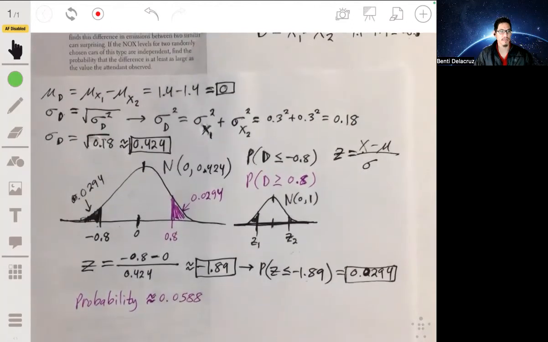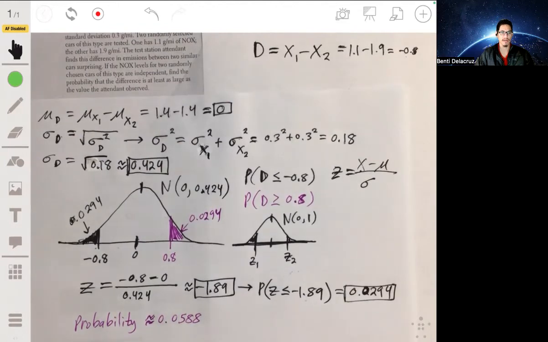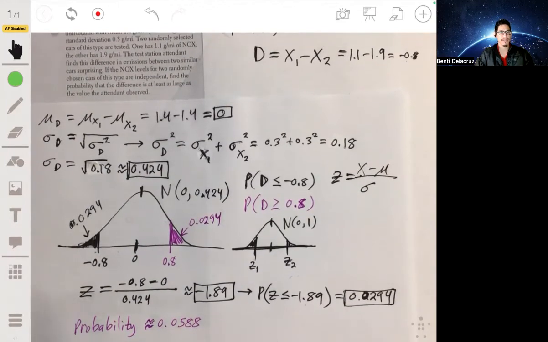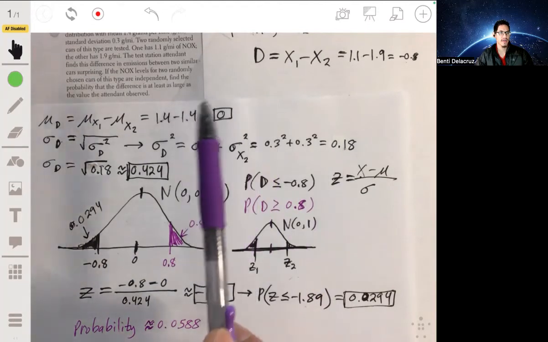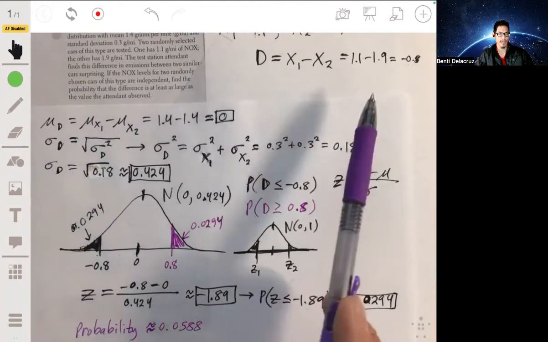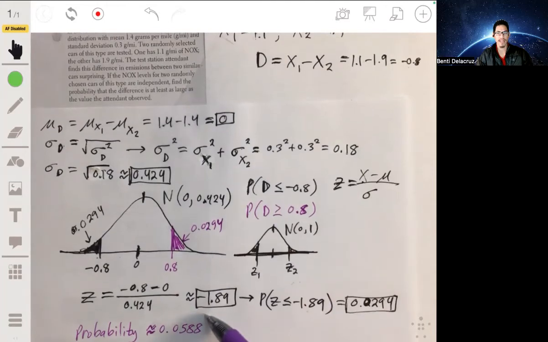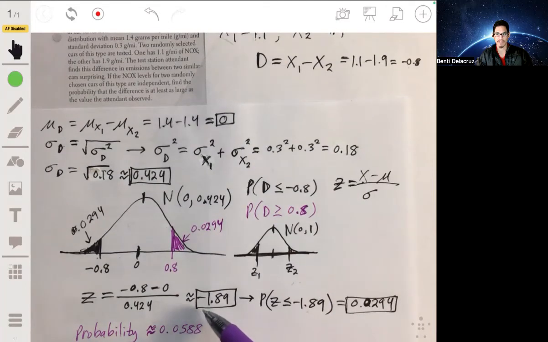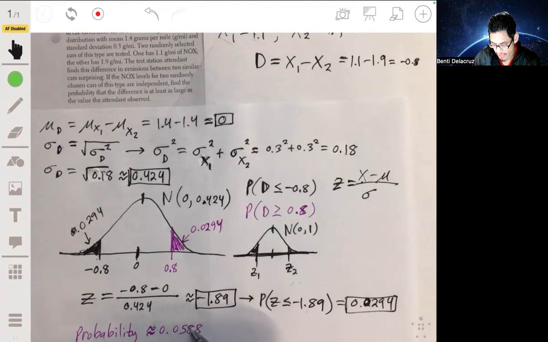Then remember to answer the problem in context and not lose track of what you're doing. What this is saying is that the probability of getting a difference of at least 0.8 or greater is about 5.88%. So it's kind of rare, but it's not that rare, you would say. But again, make sure to answer this in context.